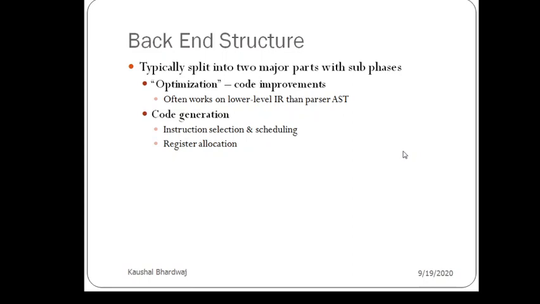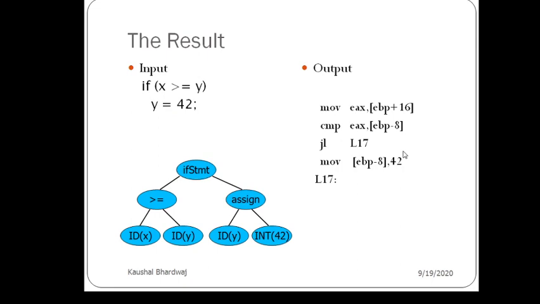Here we will select the instructions to be kept, and we will schedule them. We will allocate the registers and these kinds of things. The input will be a tree representation, the abstract syntax tree, which will be converted to a target program, maybe assembly language.